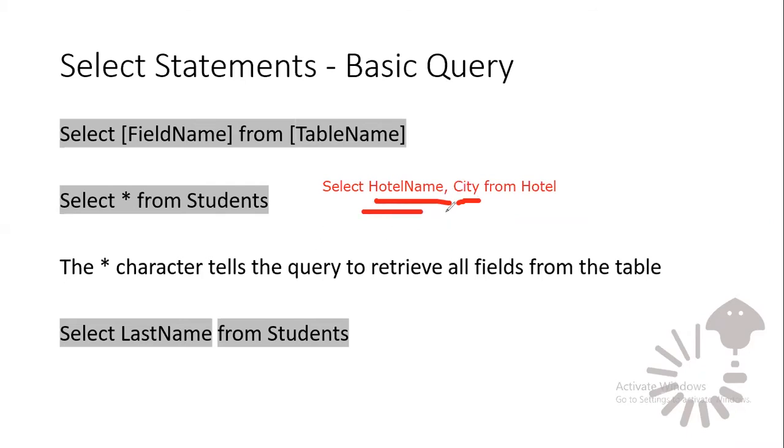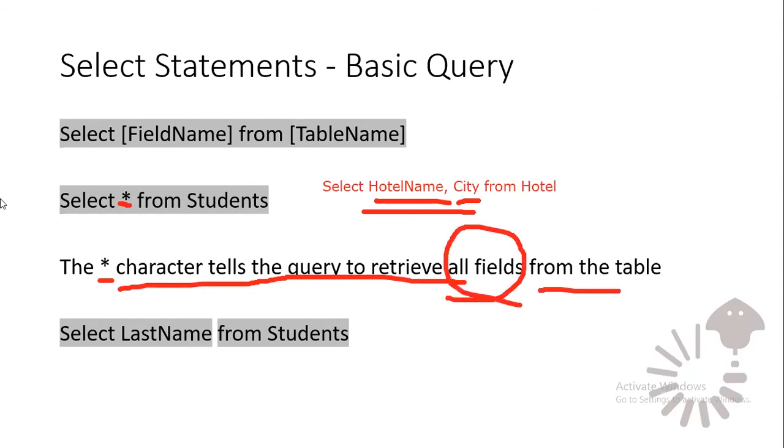If multiple, masyado namang marami yung fields na kailangan mong enlist, isang malaking form yan, ang daming text box na kailangan natin i-display. For shortcut, you can use asterisk. Asterisk is a character that tells query to retrieve all from the table. Ang basa natin dyan, select all from students.